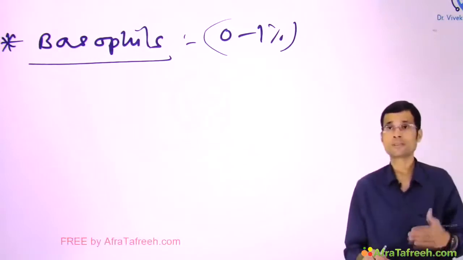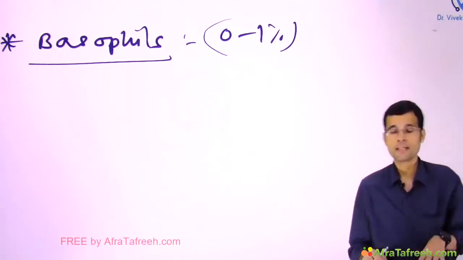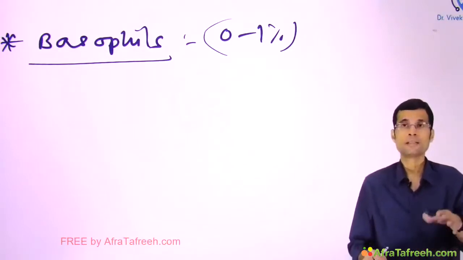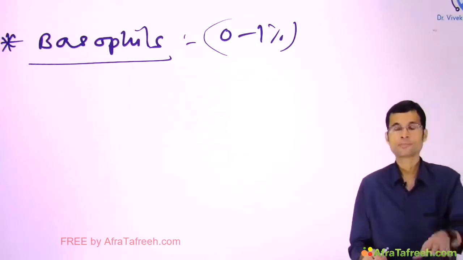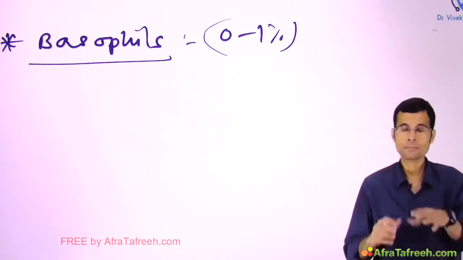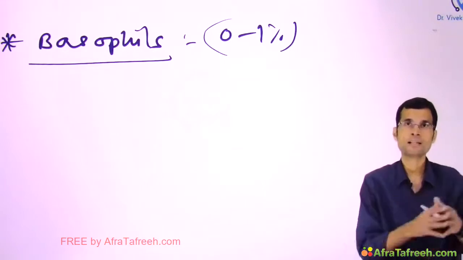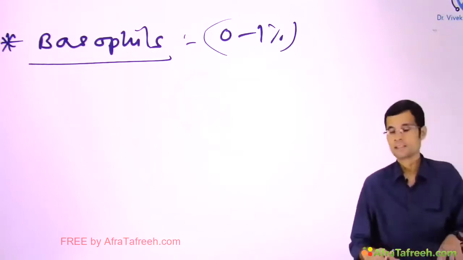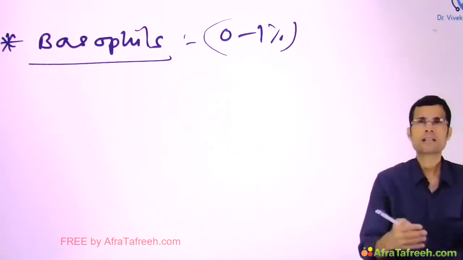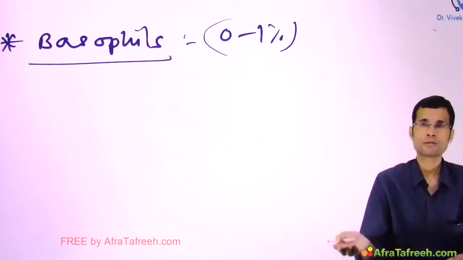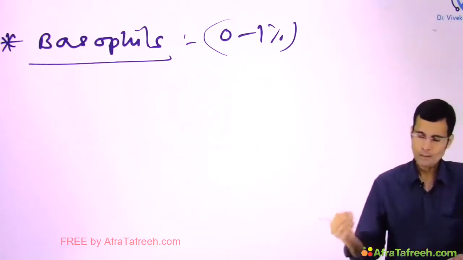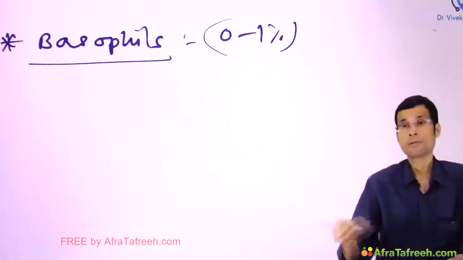Increased basophil count is called basophilia, by the way, but it needs to be differentiated between the basophilia and the punctate basophilia. Allergic conditions will have increased basophil count, and that would be called basophilia.